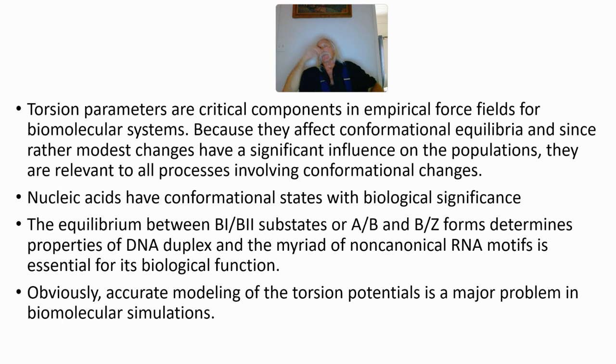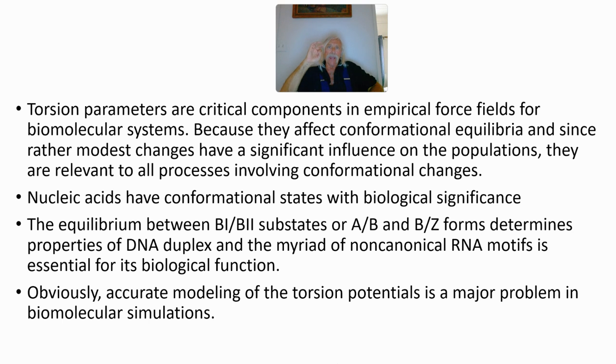What are those processes? I just went through them. Recombination, repair, replication, and of course transcription. Okay. So nucleic acids have these conformational states and they have biological significance. That's the important point to make about that. Now, the equilibrium between two different B states, the B1, B2, which are called substates of the B family of DNA conformation.